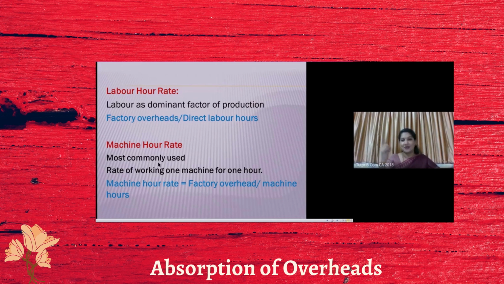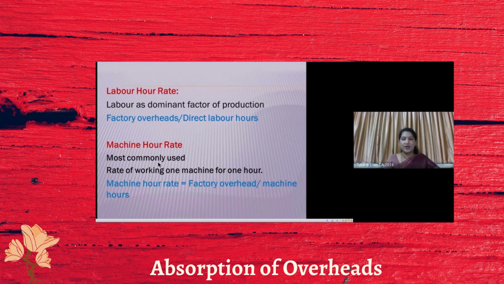So rate of working of machine per hour, that's what we call machine hour rate. And machine hour rate would be, the numerator will be the same, factory overhead, divided by machine hours. Total machine hours worked for that particular production department, maybe A, B, C respectively. Right, so that's what we call the machine hour rate.